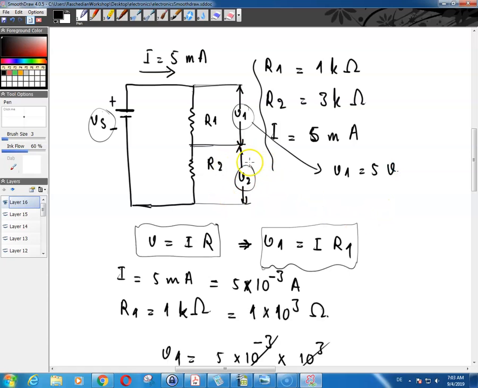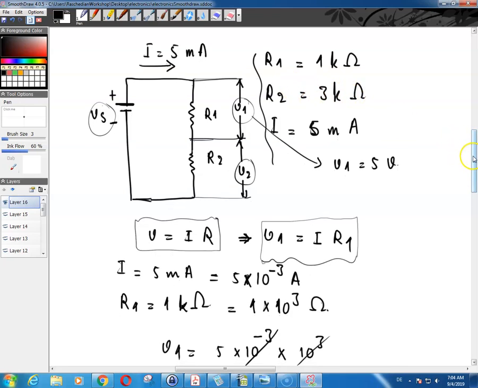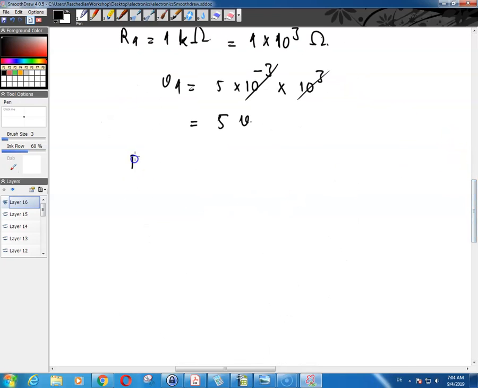Now V2, again, you can do the same thing. The current going through the circuit is 5 milliamps, and R2 is 3 kilo ohms.